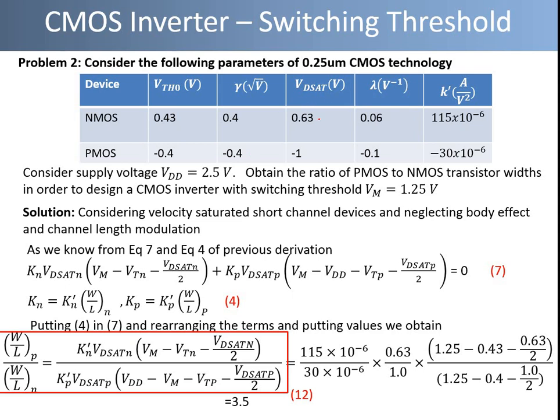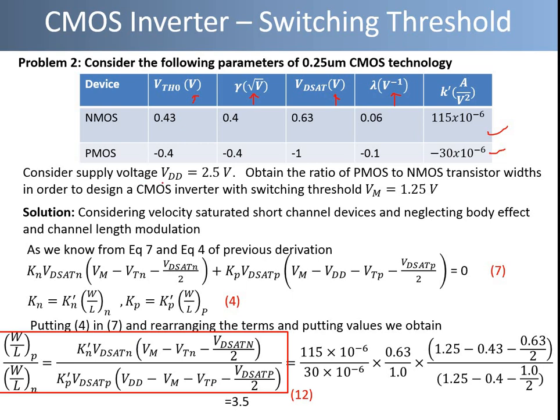VD sat denotes the drain to source saturation voltage for NMOS and PMOS. Lambda shows the channel length modulation effect constant, and K prime shows the process transconductance. So these are the actual numbers from 0.25 micrometer CMOS technology. Moreover, you can also recognize the units of all these parameters.